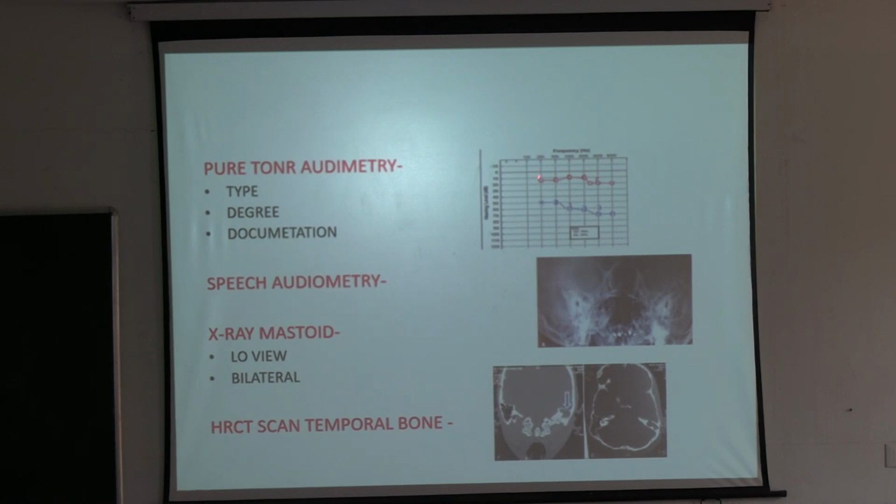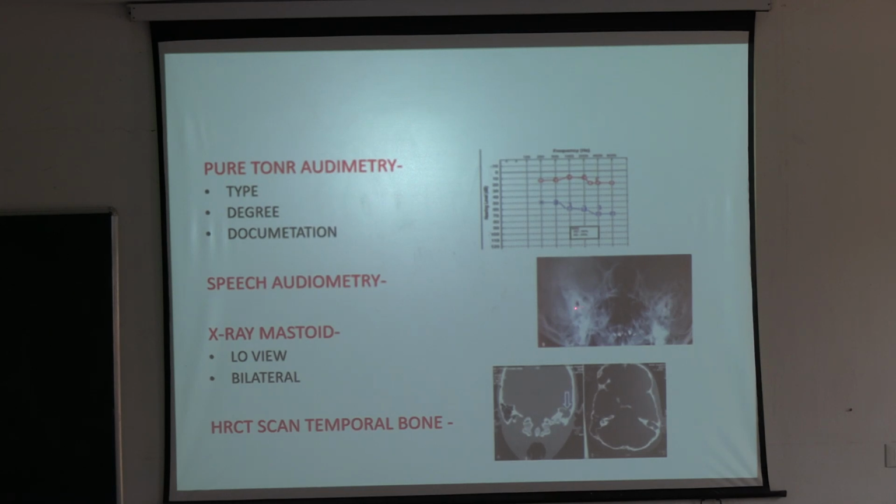Here 250 hertz. So, 1, 2, 3. So, 30 decibel loss. So, there is a conductive hearing loss in case of central type of perforation. Now, X-ray mastoid, lateral oblique view, and it should be bilateral X-ray. You should do X-ray on both sides.